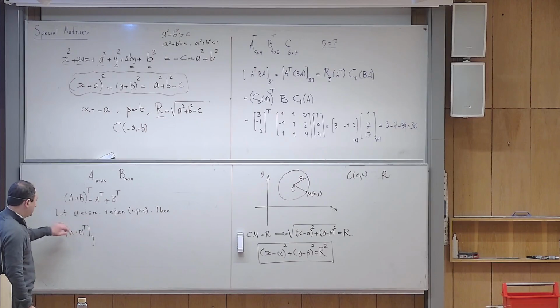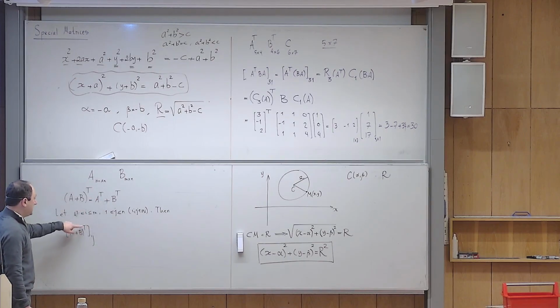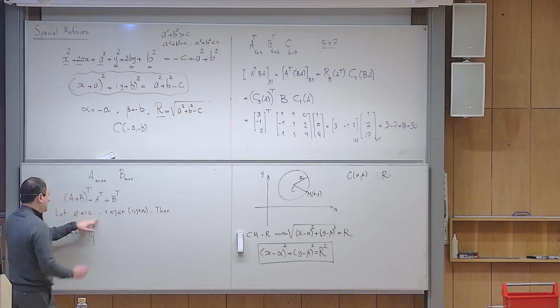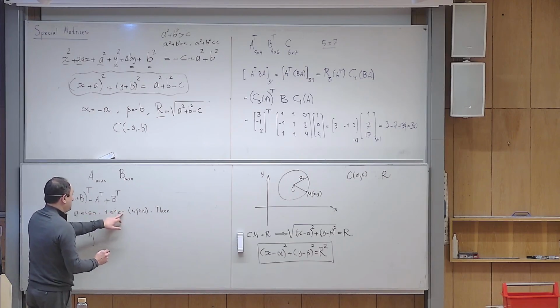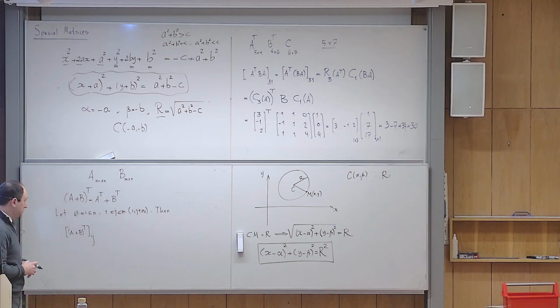First of all, am I right in writing it? I think it's not correct, because A and B are m by n, so when I add them it becomes m by n, and then the transpose becomes n by m. So i should be between 1 and n, and j should be between 1 and m.